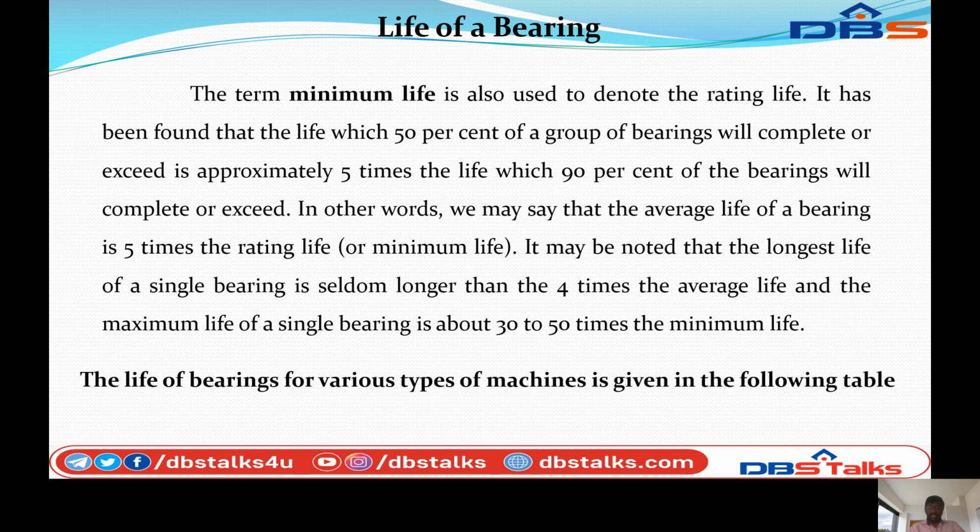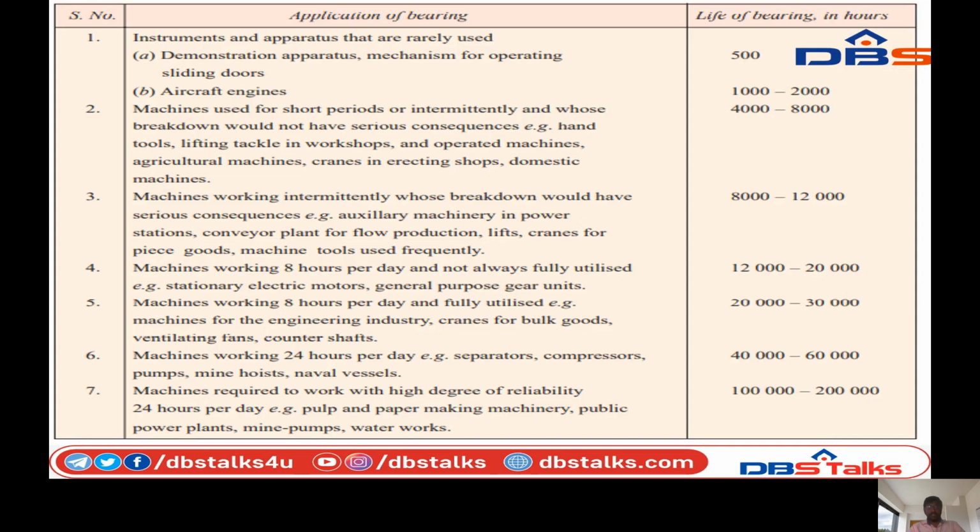The life of bearings for various types of machines is given in the following table. You can see the tabular column. This table is arranged with serial number, application of the bearing, and life of the bearing in hours. First one, instruments and apparatus that are rarely used.